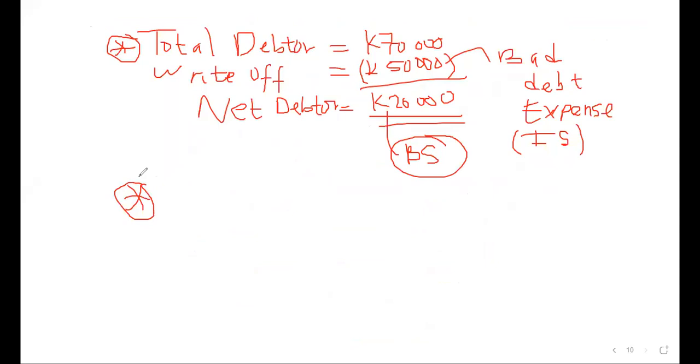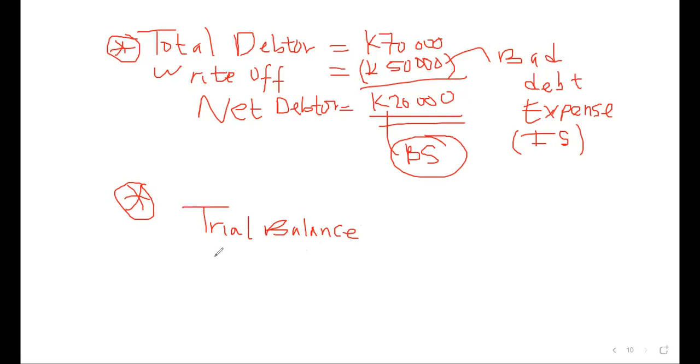Then the last one is on provision for doubtful debts. In the trial balance, there's a provision for doubtful debts of 50,000. Again, in the period end adjustments, there's also another provision for doubtful debts of 45,000, which was required as at 31st December 2021.